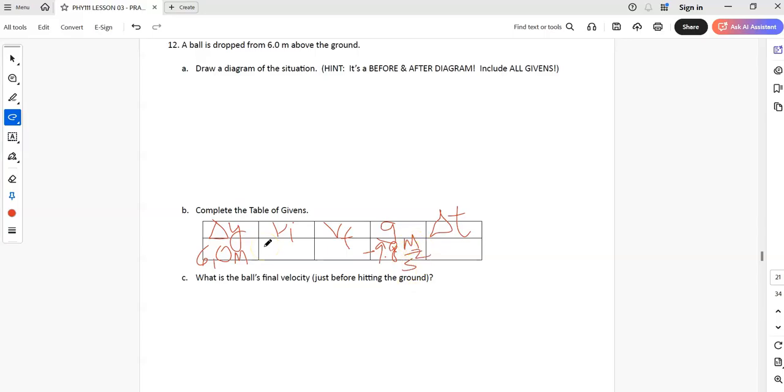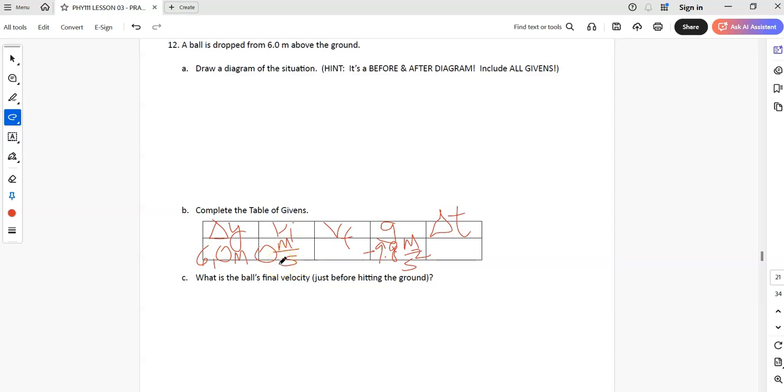But if we read the question, it says the ball is dropped. That means it's just released, which means the initial velocity, the moment the ball is dropped, the very instant the ball is dropped, it doesn't have a velocity yet. So the initial velocity is 0 meters per second.